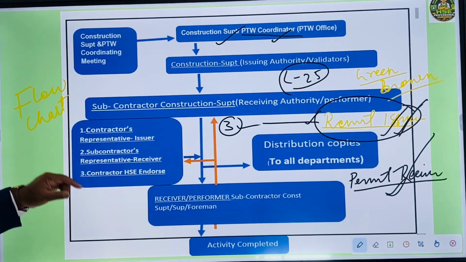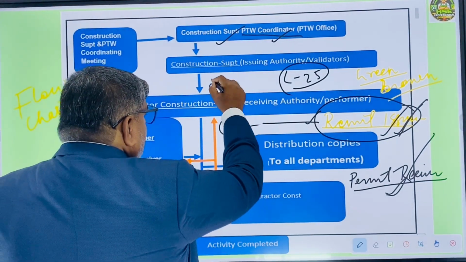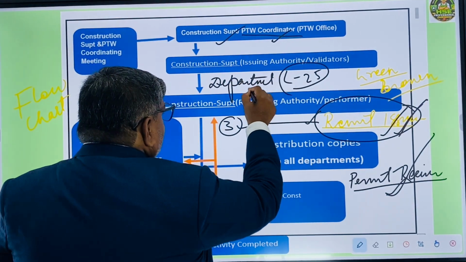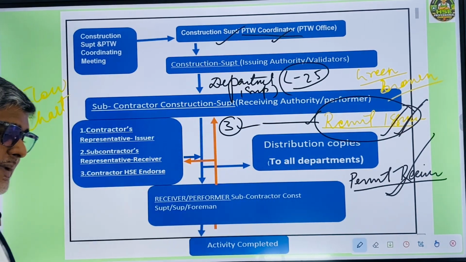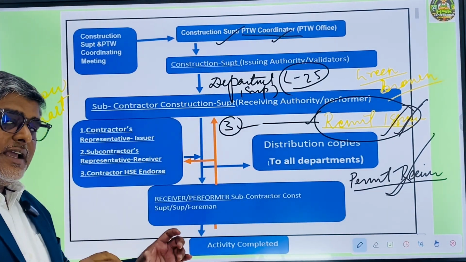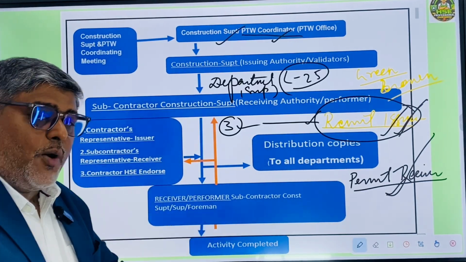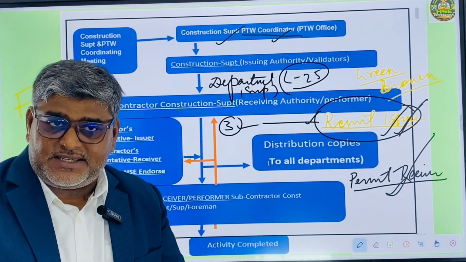Then the contractor's departmental superintendent or supervisor will sign on the permit, saying yes, I agree, as per drawing and design, this man is going to perform this activity, or the subcontractor is going to perform the activity in that area.